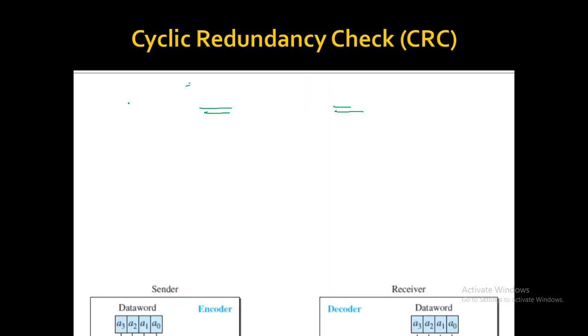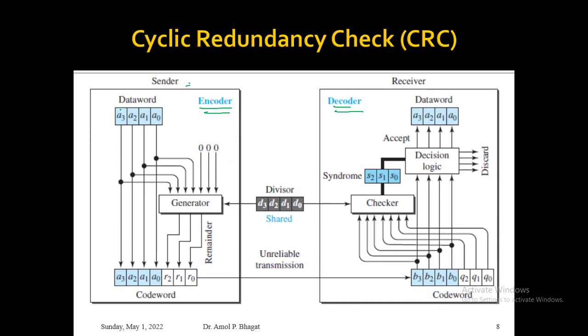Just for example, if we are extending that example, we have taken the length of the data word as 4 bits here. So what the sender will do is add three redundant bits into that data word to generate a code word of 7 bits, right?